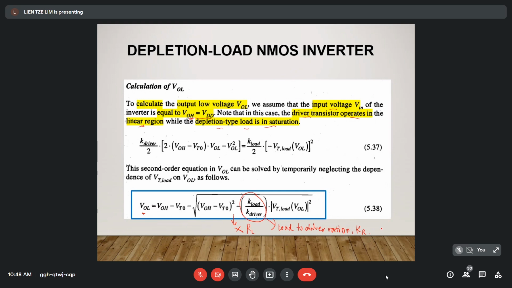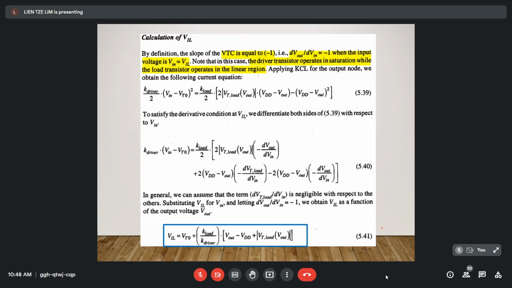Now I go to the calculations of VIL, the input low voltage. For this one, we need to take into account the slope. Why I say that is because in the derivations there are dVout over dVin.